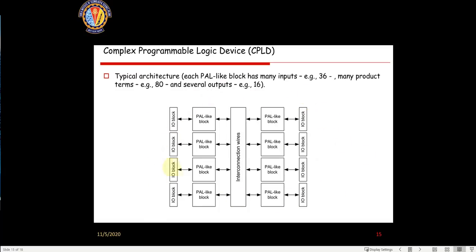Within the block also, each block can be programmed for a wide variety of functions. Suppose there are 4 inputs and 4 outputs. You can program it as a 4 input NAND gate, or you can program that small block to behave like an adder, wherein 4 inputs are there and 4 outputs are there.